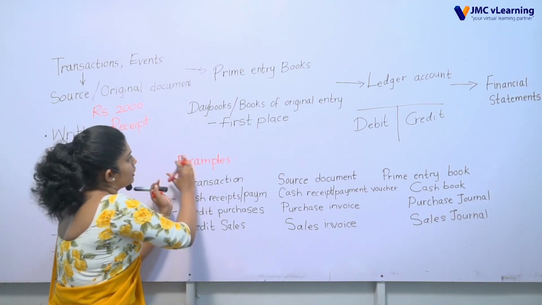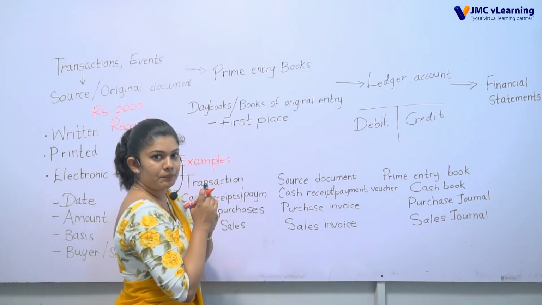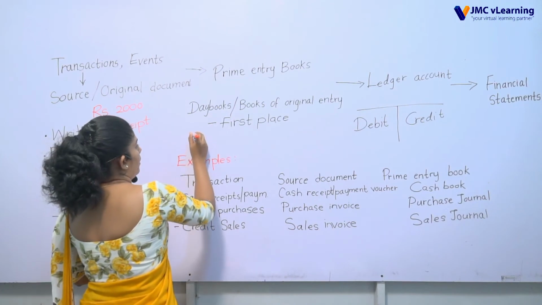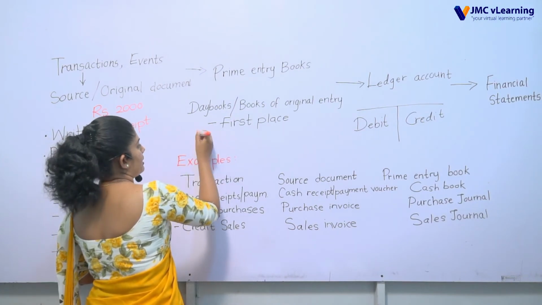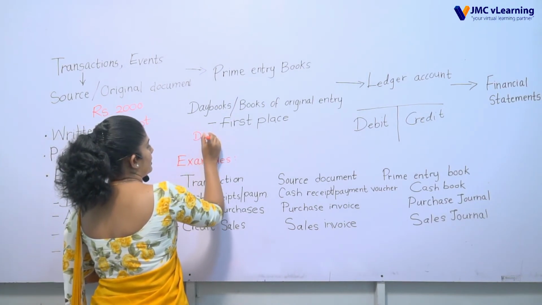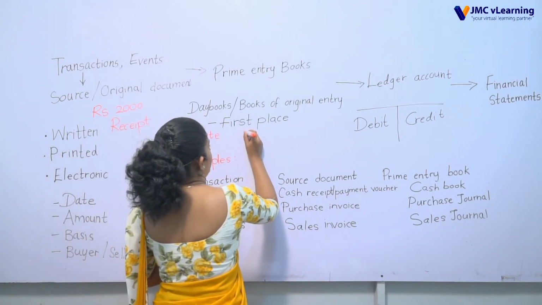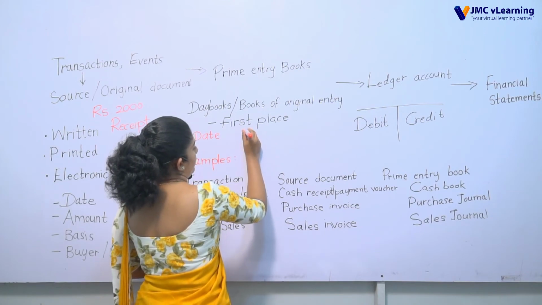When this transaction is posted, we record it in the day book on this particular date, from this person, or we'll say ABC company.